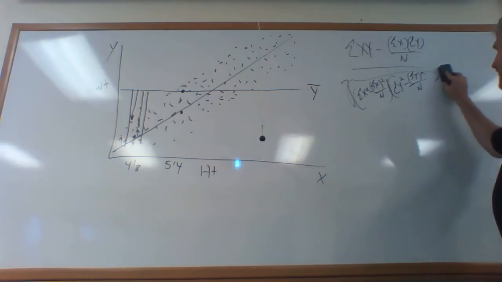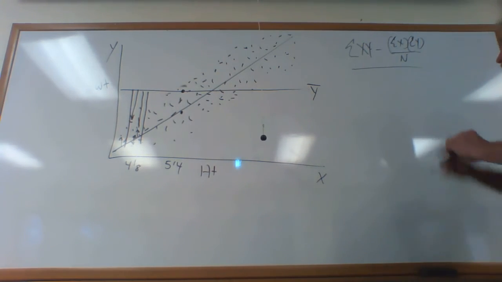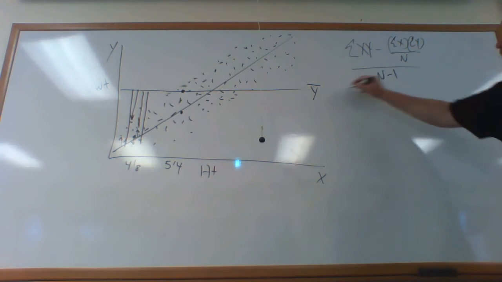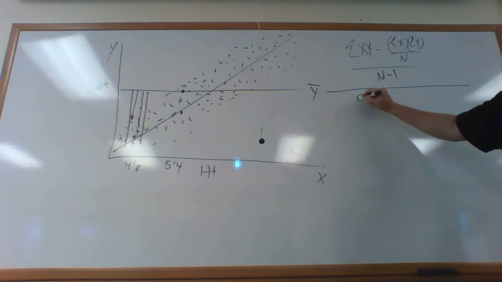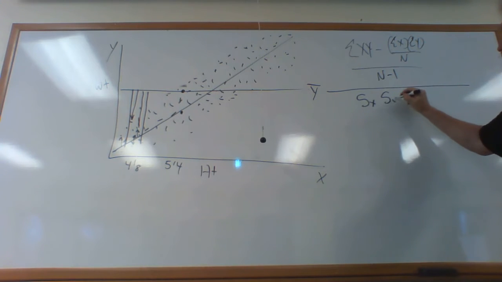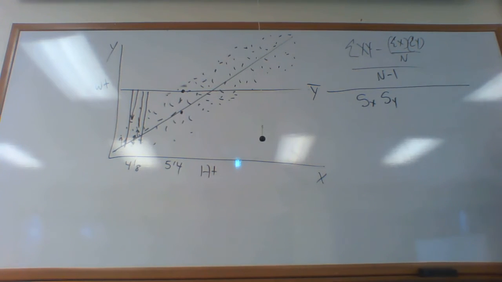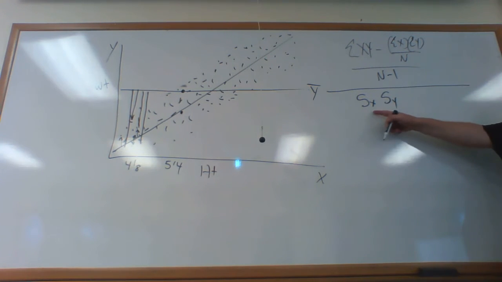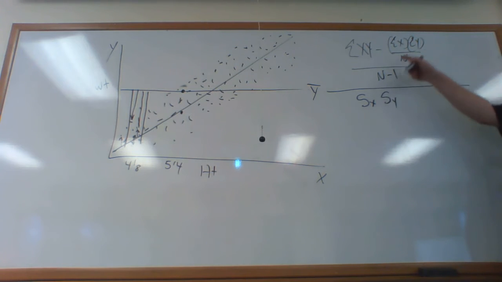Another thing which is exactly the same, this is exactly the same. So you would just use the standard deviations down here, but then you have to divide this by n minus 1.